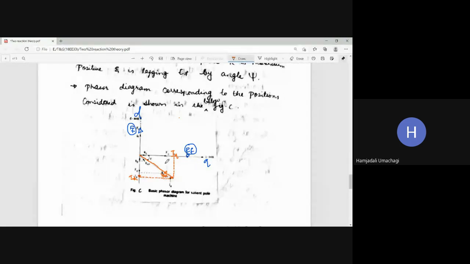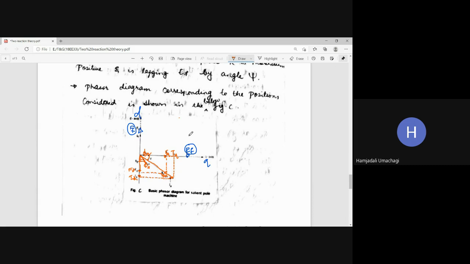And this FAR will have two components: one acting along quadrature axis, this is my FQ, and one acting along direct axis, this is FD. Similarly, it will have the phase angle psi AR, and this psi R is again divided along direct axis, this is psi D, and along quadrature axis, this will be psi Q. Is it clear, all of you?